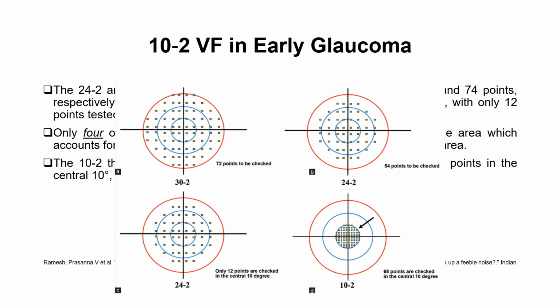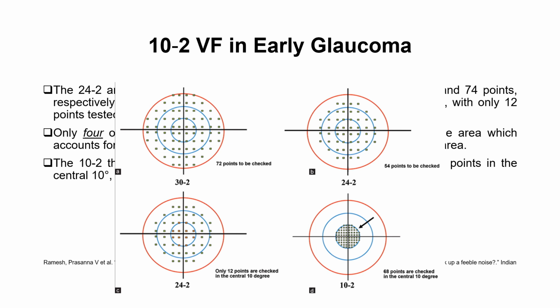And out of these 72, there are only 8 points, 1, 2, 3, 4, 5, 6, 8, in the central macular area, which represents 30% of the total retinal ganglion cells, a very important area. Compared to the 24-2, where around 54 points are checked centrally and only around 4 points in the central macular area.